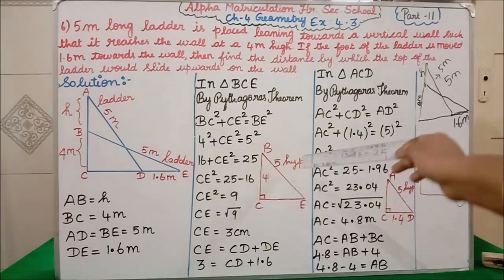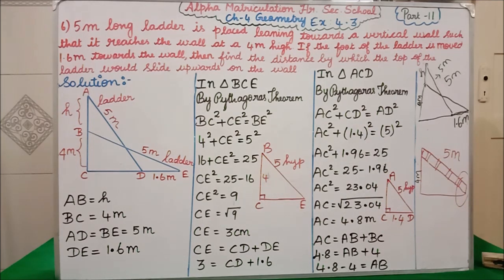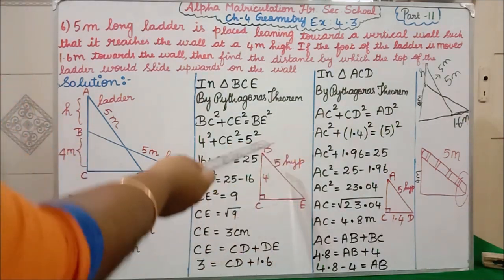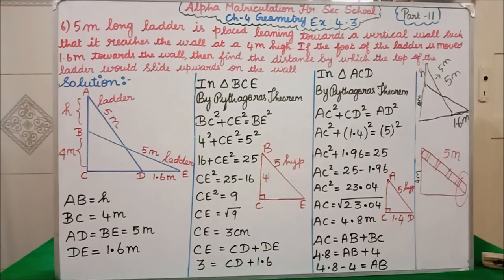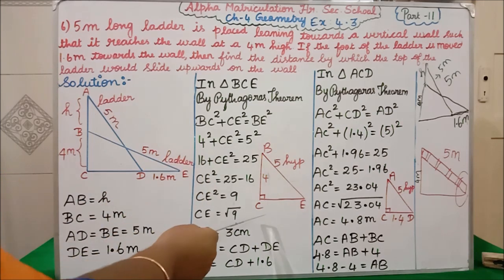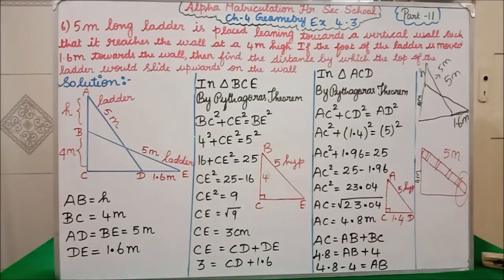Opposite to 90 degrees is the hypotenuse. So we have drawn a right angle triangle, and we have to go for Pythagoras theorem. According to Pythagoras theorem, how will you write? Hypotenuse square, which means BE square, equals the sum of the squares of the remaining two sides, so BC square plus CE square.